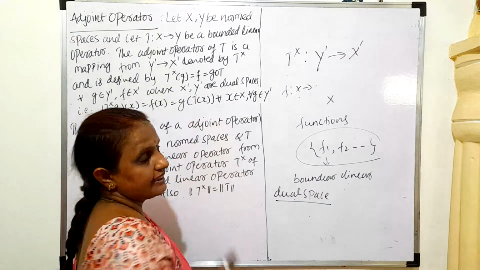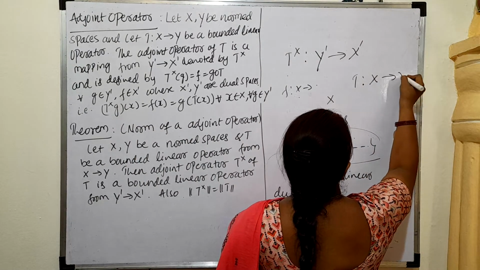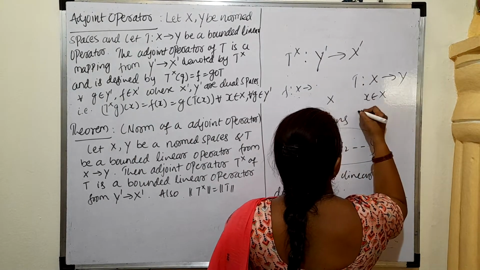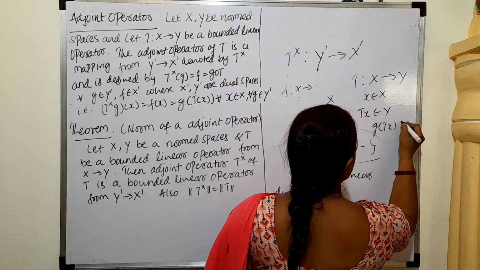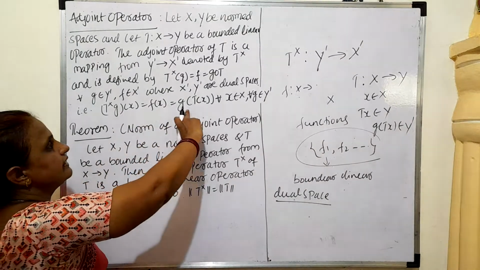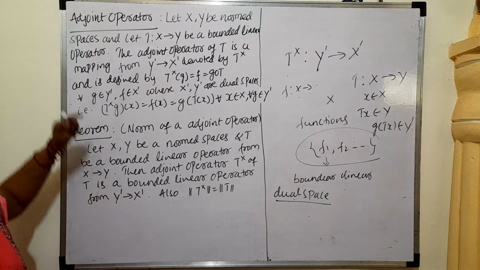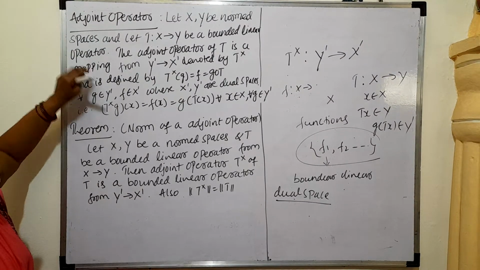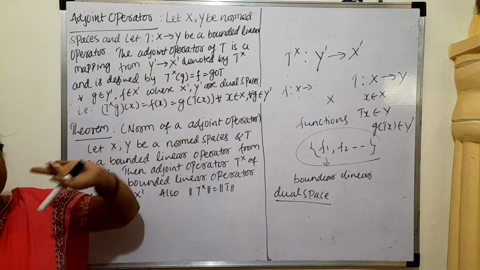Why is it written as G of T of x? Because when we have T from X to Y, when x belongs to X we say that Tx belongs to Y. Then G of Tx is defined since G belongs to Y dash. So hence here we can write G of T of x. So an operator is an adjoint operator if it can be defined as T cross of G equal to F.